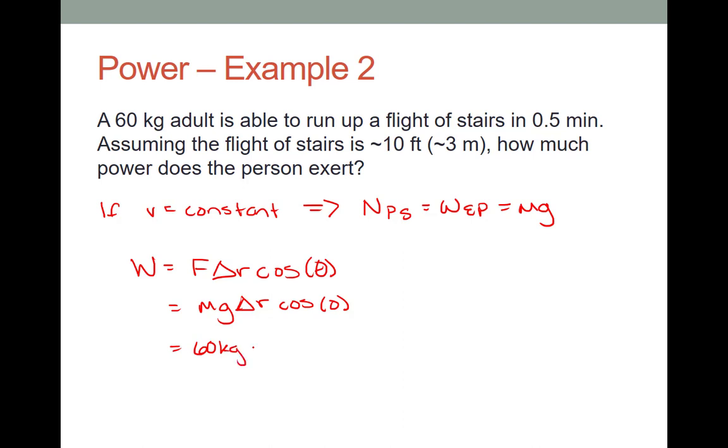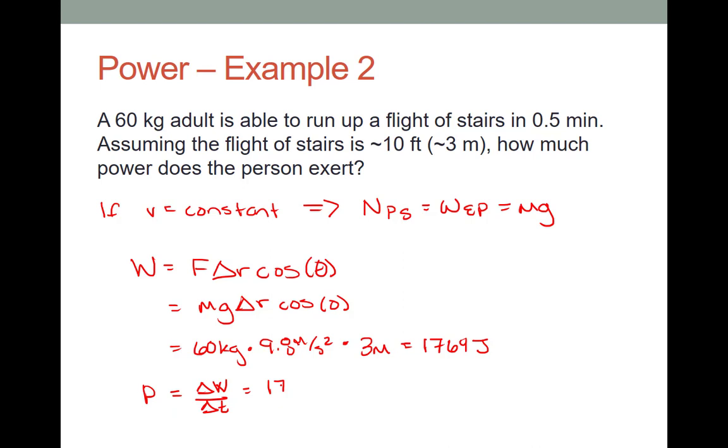So we have 60 kilograms times 9.8 meters per second squared times 3 meters. And this works out to be 1,764 joules.